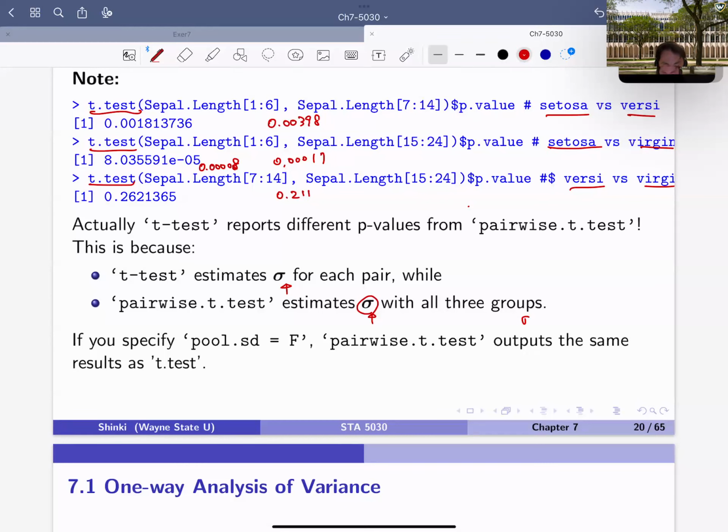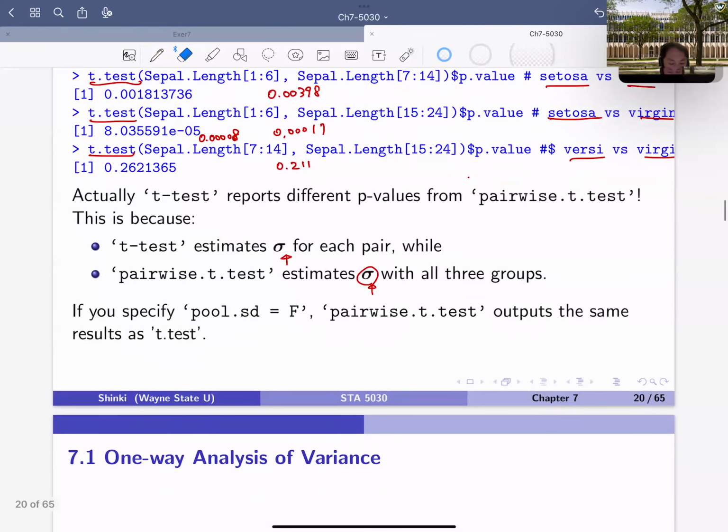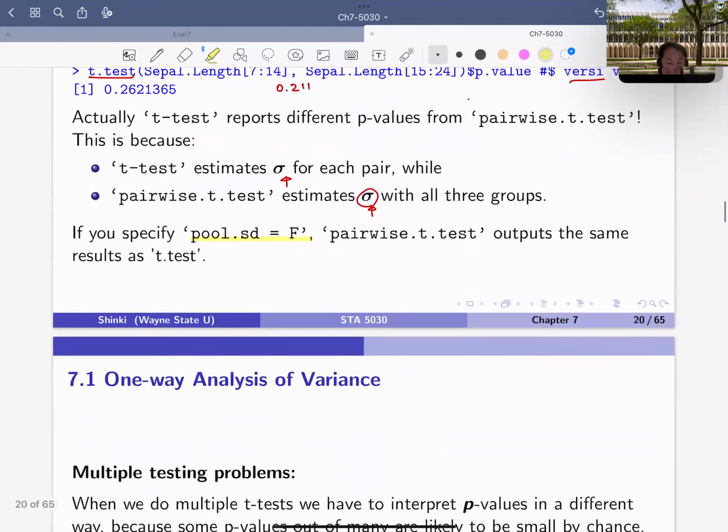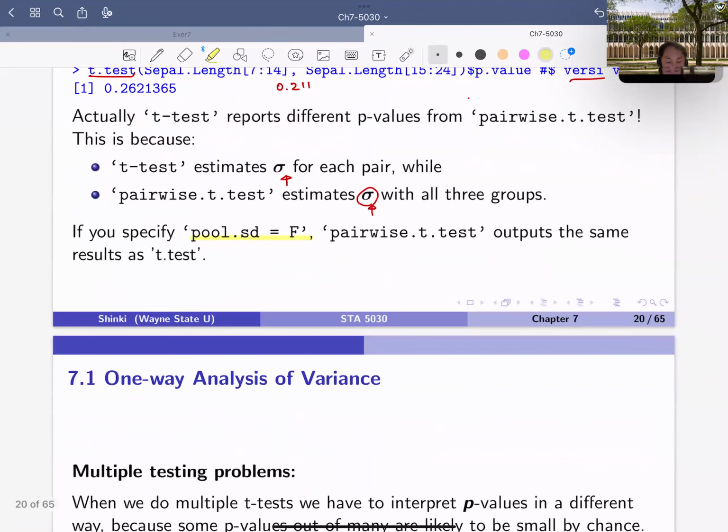So if we have 3 estimates of sigma, we use the weighted average, which is the most reliable estimate for sigma. The way of estimating sigma is different, and that's why we have some difference. If you specify the option pool.sd equal to F in the pairwise.t.test function, then the output is exactly the same as t.test.